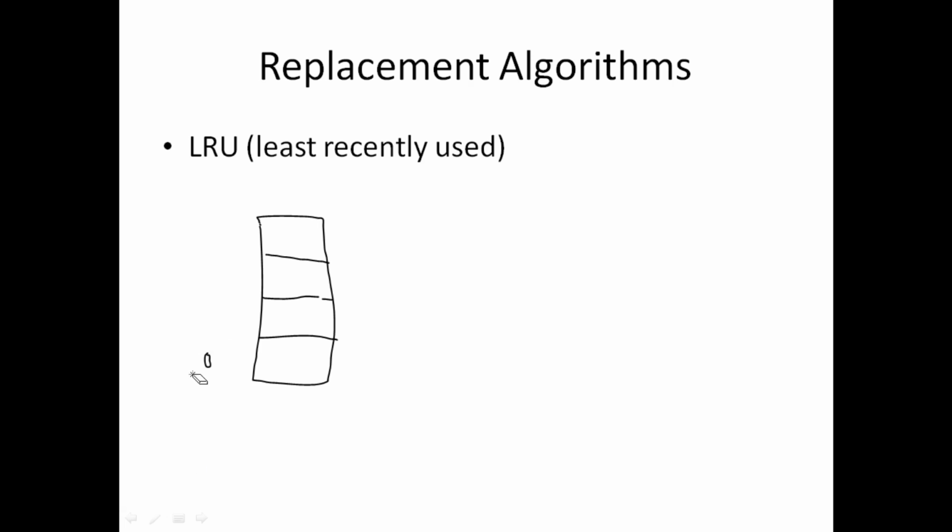Let's say initially there is no data here, and the processor wants some data, so it should first be written in the cache.